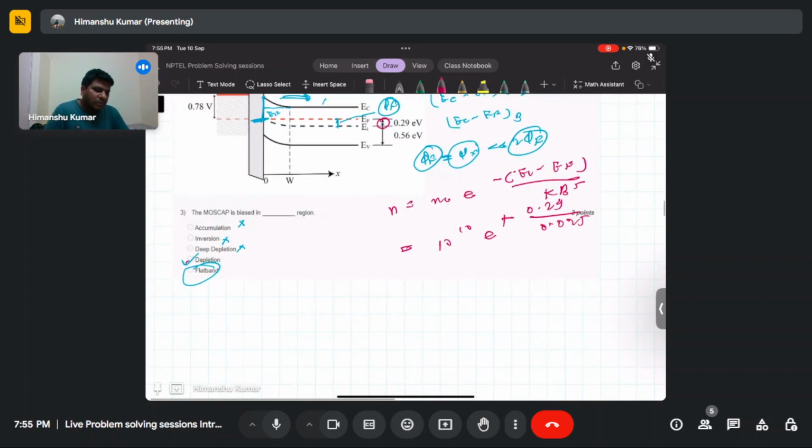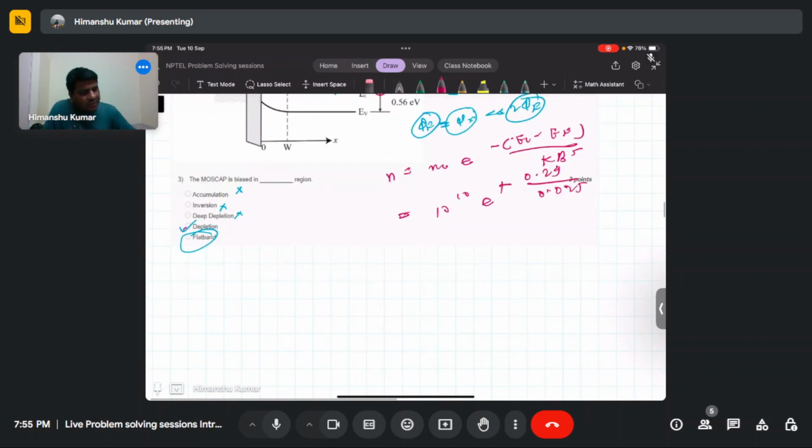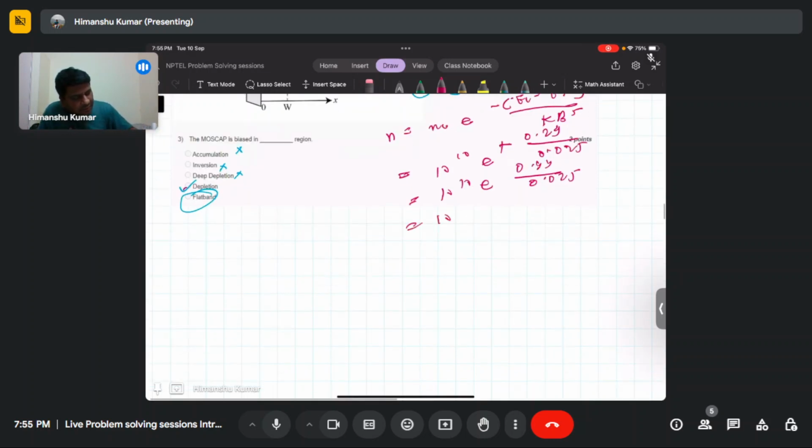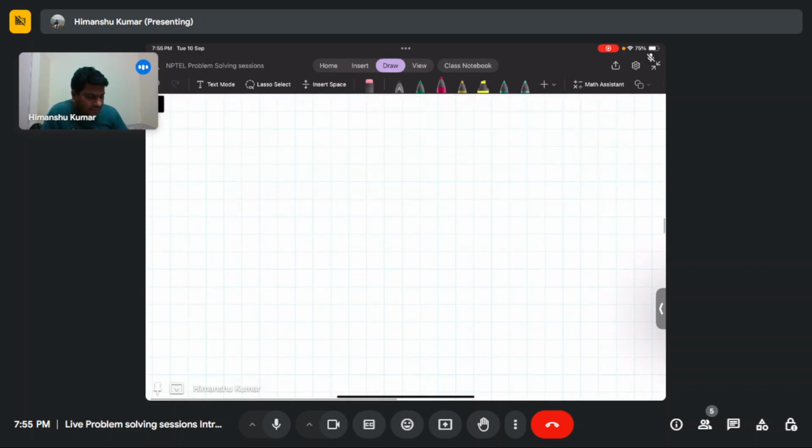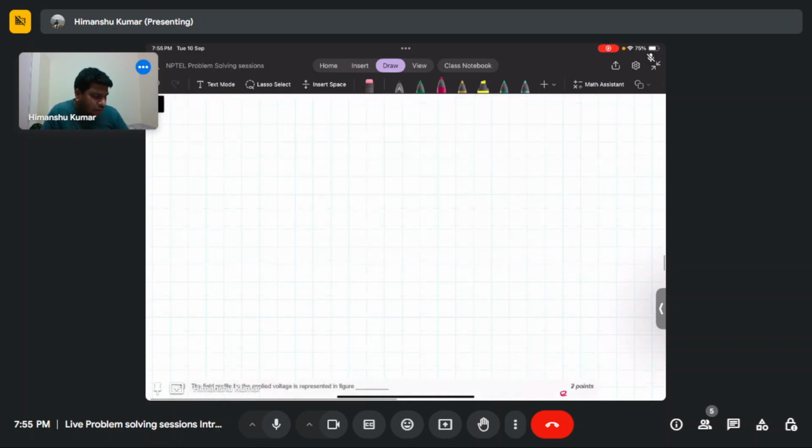So it will be around 10 power 10 exponential of 0.29 divided by 0.025, which is 10 power 10 exponential of 10 approximately, because this is one decimal point shifted.